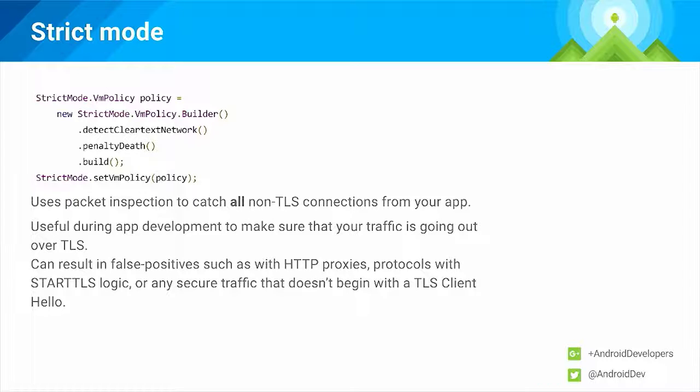And that's good because it means that no matter what your code is, whether it's native or doing some weird custom written stuff, it will detect absolutely all of it. The downside, though, is that there are some false positive issues because not everything that uses TLS starts immediately with that client hello. Even the most basic example, if you use an HTTP proxy to send HTTPS, still secure, but the very first thing you'll send is actually sort of the connect message.